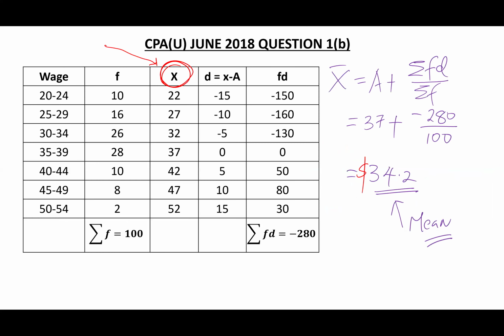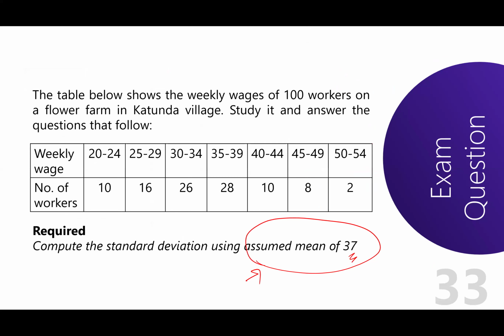So meaning that you'll come to this column of X and select any of these, just like what the examiner did. He selected 37. So you can select 22, 27, 32, 42, 47, 52, or 37. That is if you're not given the assumed mean. Select from your class marks to use as the assumed mean.